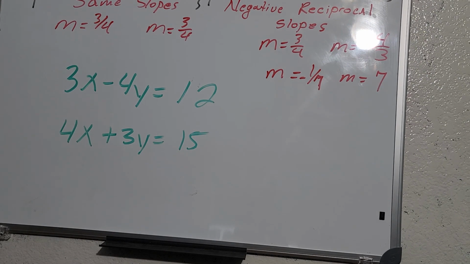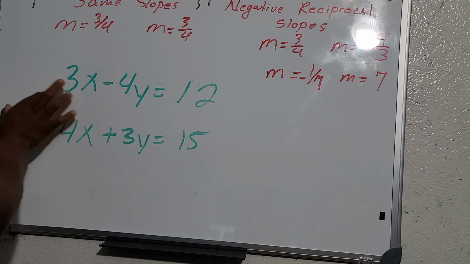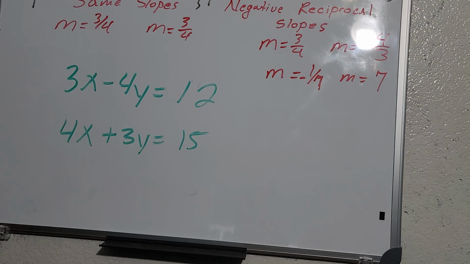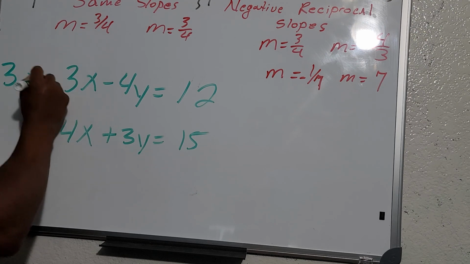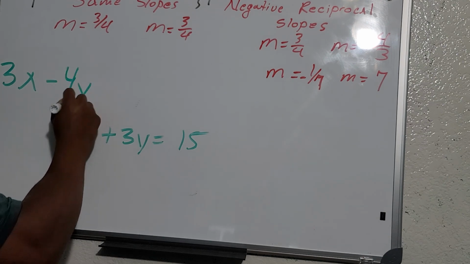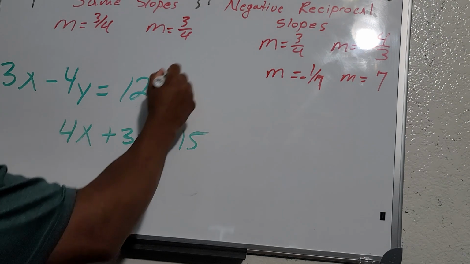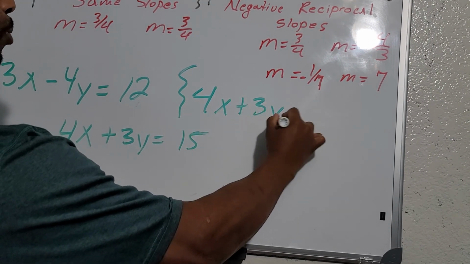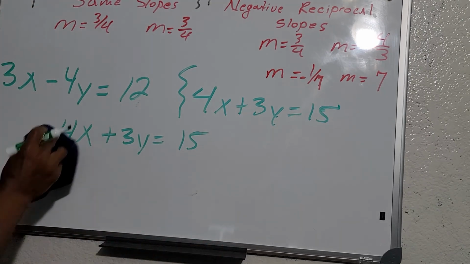To determine if these lines are parallel or perpendicular, I will simply solve both of these equations for y. So here is what I'm going to do. I'm going to write this equation further to the left, write this equation further to the right, and we're going to solve and look at their slopes. Okay? So here I'm going to write 3x minus 4y is equal to 12. And on this side, I'm going to write my 4x plus 3y is equal to 15.